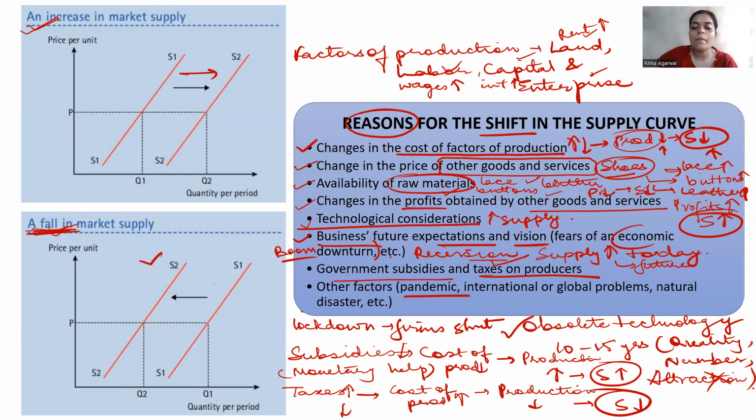Other factors include pandemic, international or global problems, natural disasters, etc. Considering pandemic I just talked about, that is lockdowns and firms shut, leads to problems for the economy that led to the supply of goods and services to decrease. Next is international or global problems. That means anything that is happening abroad.